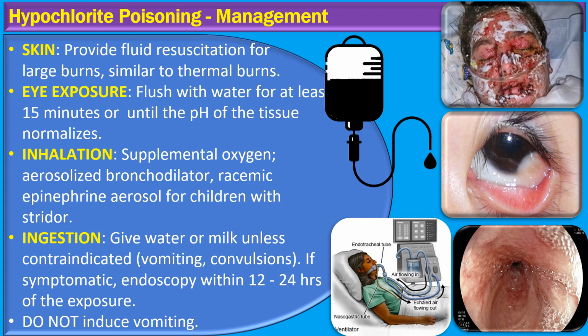Bronchospasm can be treated with inhaled bronchodilators, such as albuterol. In severe cases involving acute lung injury or ARDS, mechanical ventilation may be required. It's important to note that symptomatic patients need to undergo endoscopy within 12 to 24 hours post-exposure for assessment, and depending on the severity, may require antibiotics or surgery.